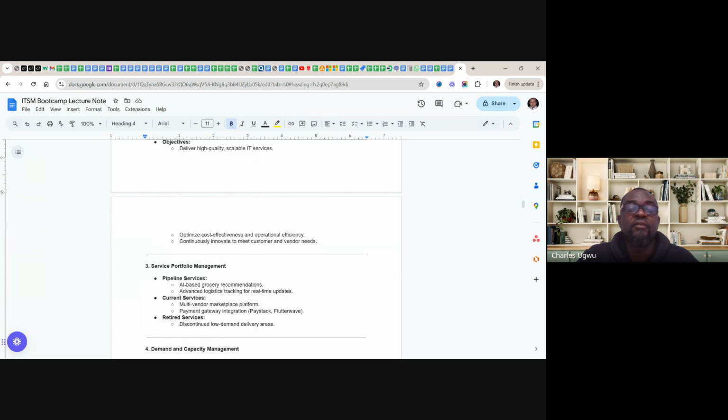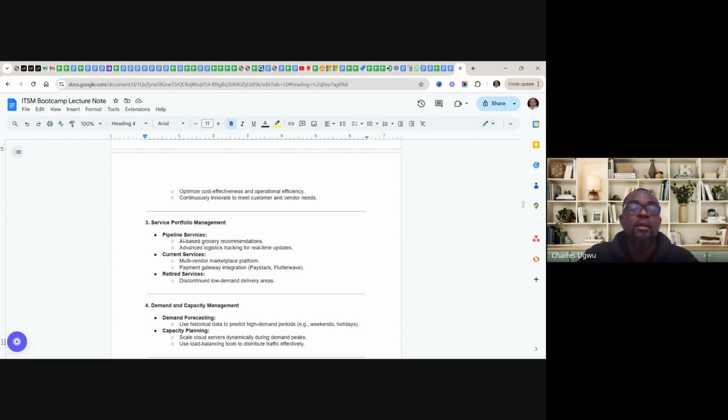And service portfolio management, like you see, we have the pipeline. We captured all these key components. Pipeline: AI-based grocery recommendation. Well, this is what is happening today.